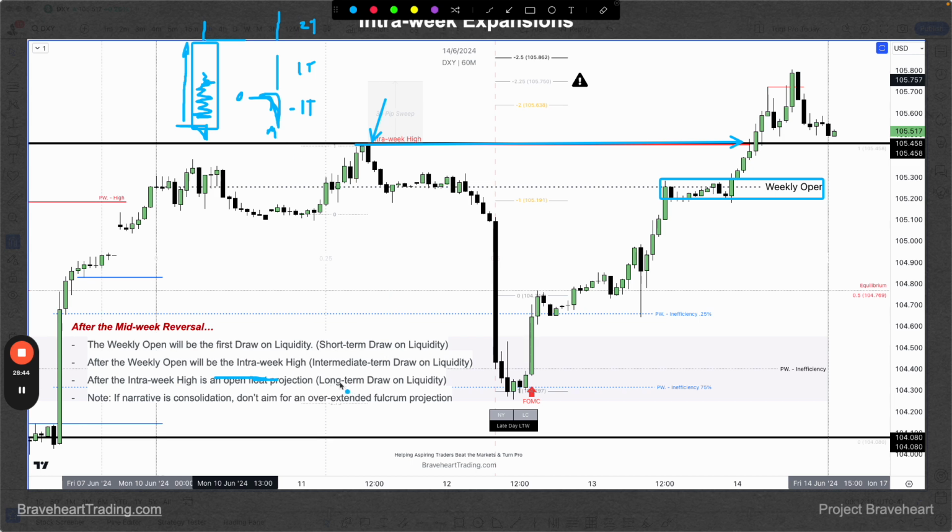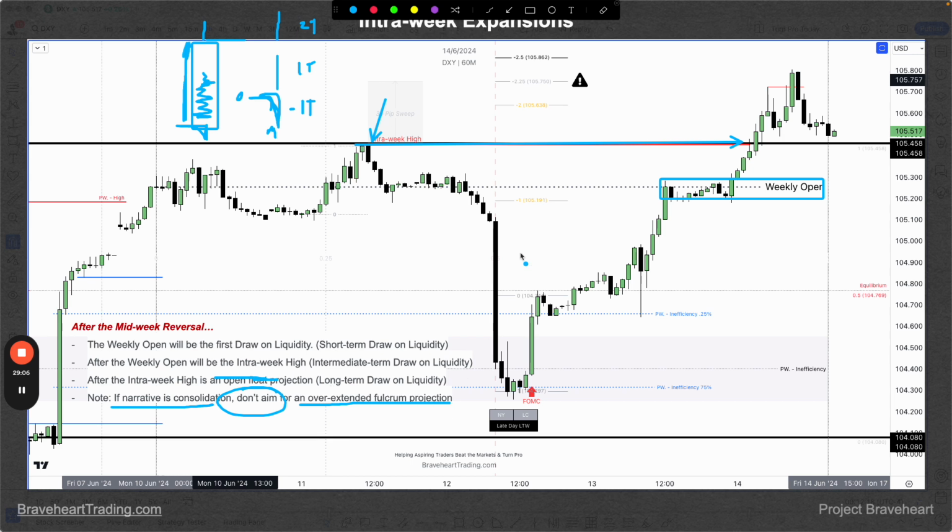But the problem is with a small range week, though, you're not anticipating a large range week. You're anticipating more of a small range week. So therefore, if the narrative is consolidation, don't aim for an overextended Fulcrum projection.